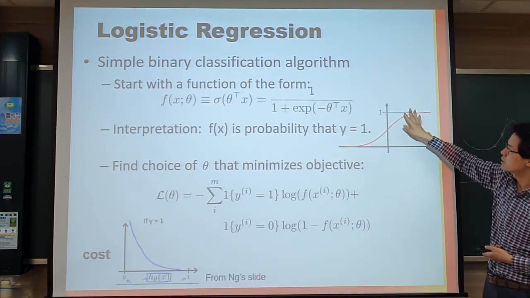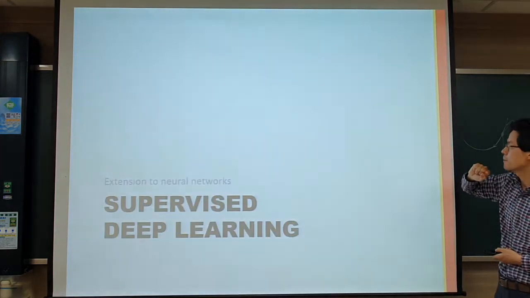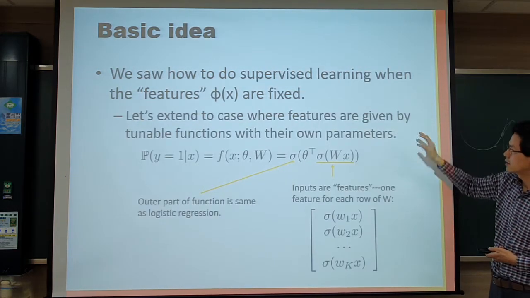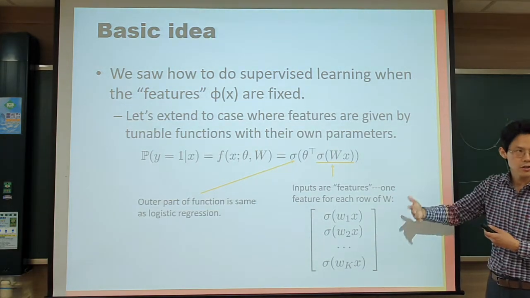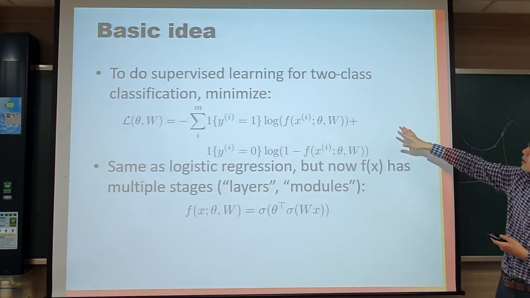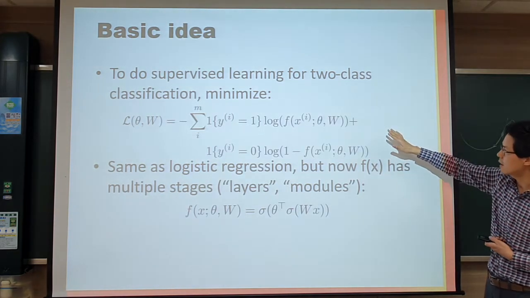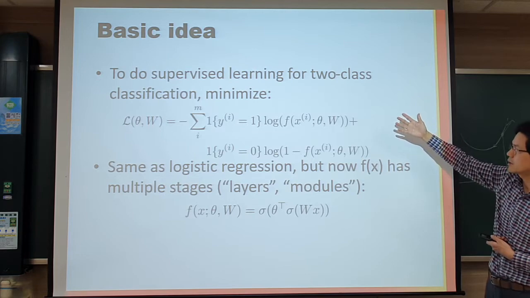Given that, we use this one, but we also apply it to extract the feature. This is the extension: we use logistic regression twice, and in the end there are two unknown parameters, theta and W. We can adopt the same approach here.